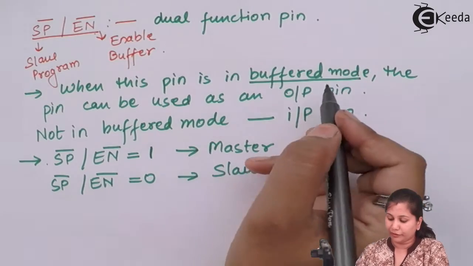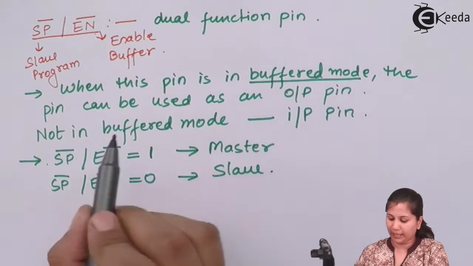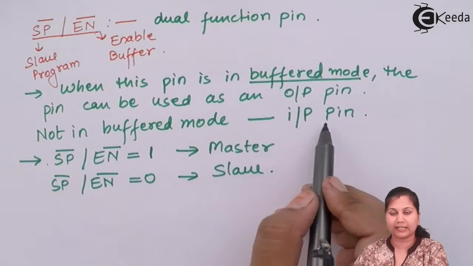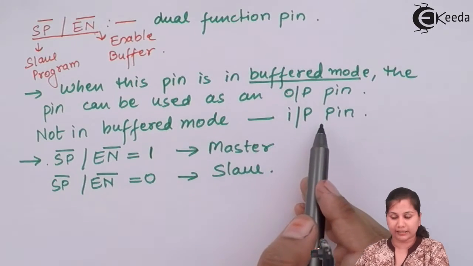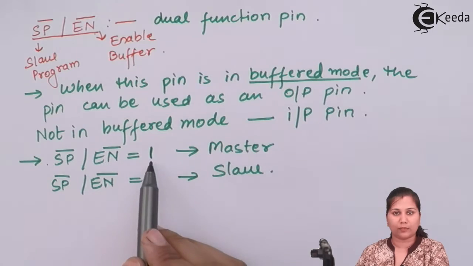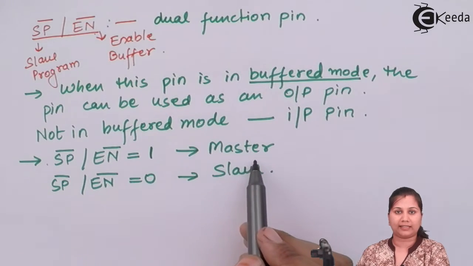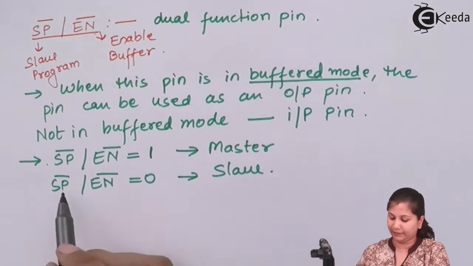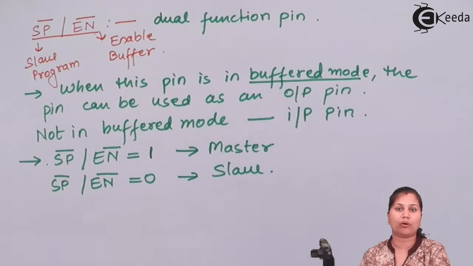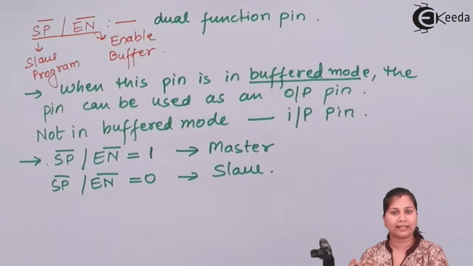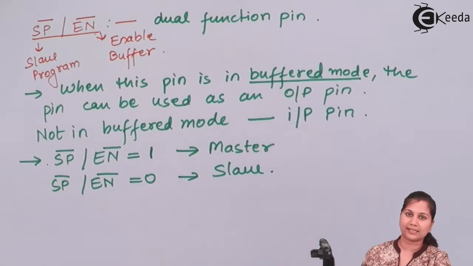So in buffered mode it acts as an output pin, and when not in buffered mode it acts as an input pin. When it is acting as an input pin, if this pin is 1, then the 8259 will act as the master IC, and if it is 0, then the IC is going to work as the slave IC. So this pin decides whether the 8259 is configured in the master mode or in the slave mode.